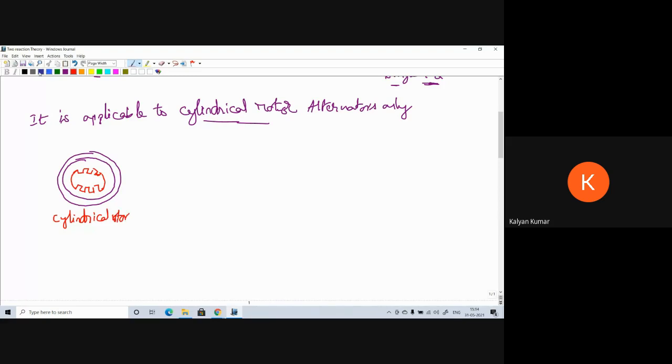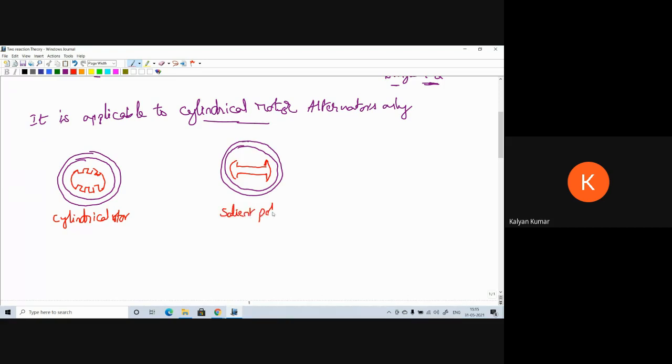Now if you see salient pole rotor machine, suppose this is stator, the rotor will be like this.